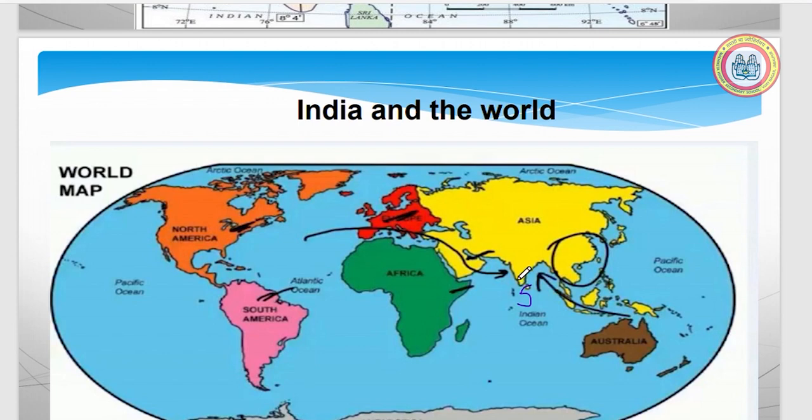The Deccan Peninsula means the southern part of our country. The Deccan Peninsula protrudes into the Indian Ocean.